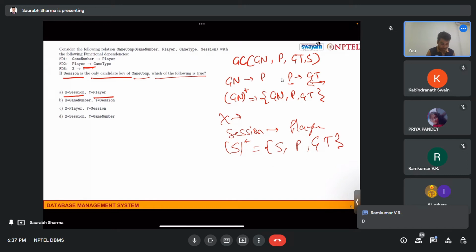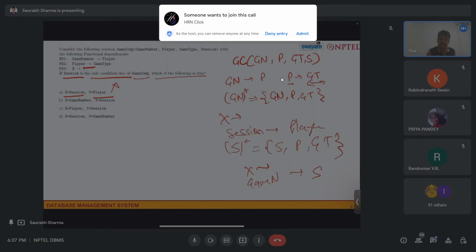So it will not be the right one. Now coming to the next one, X is game number and it derives session.